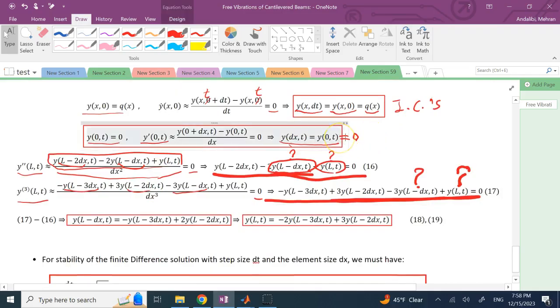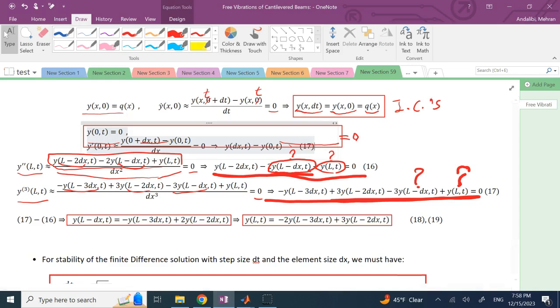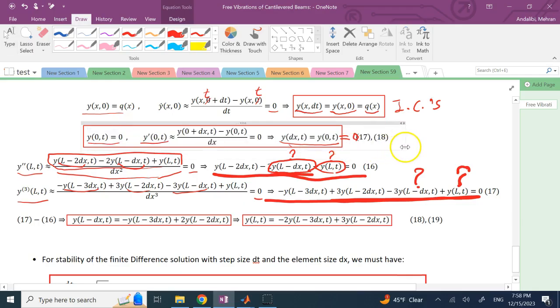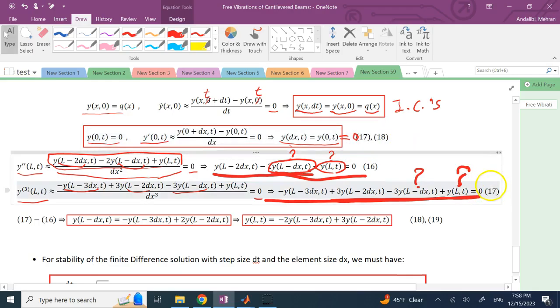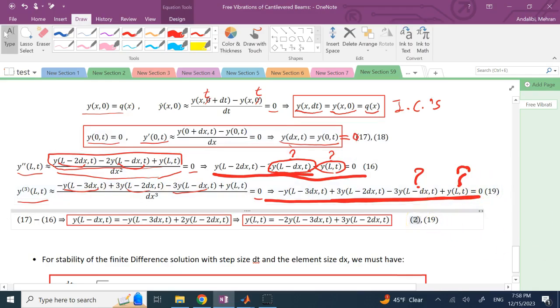And here I need these equations 17 and 18, right? Which are at the boundary condition, and then this guy is going to be 19, this guy is going to be 20 and 21. There we go.